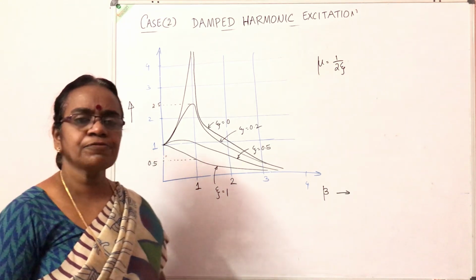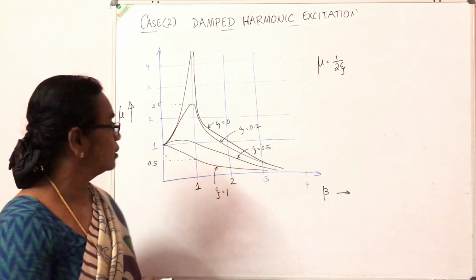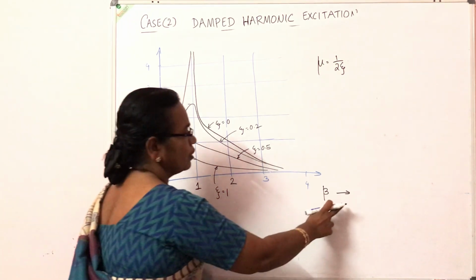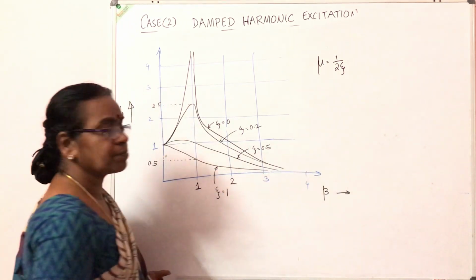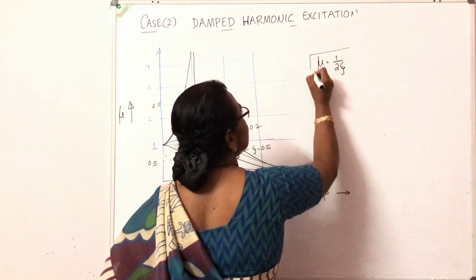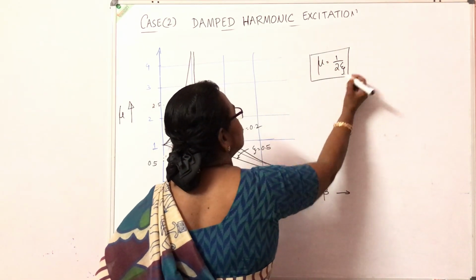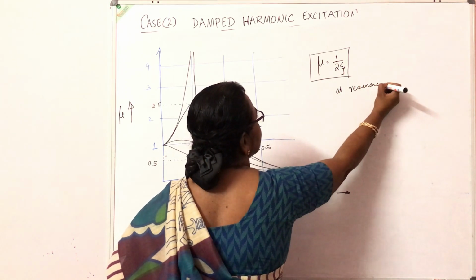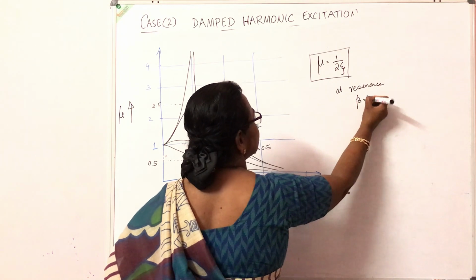So this graph shows a relation between the dynamic load factor or magnification factor, the frequency ratio, and the damping present in the system. The dynamic magnification factor is equal to 1 by 2 psi at resonance, or when beta is equal to 1.